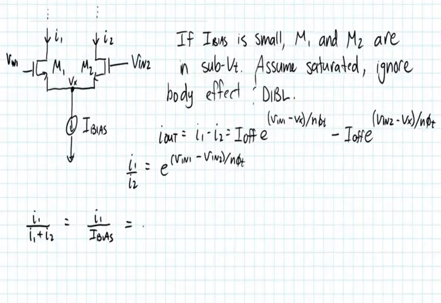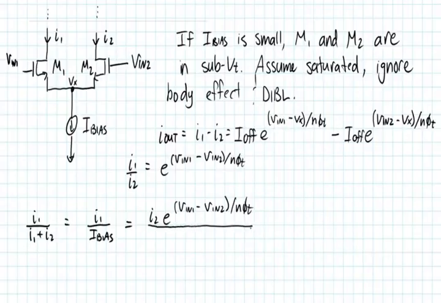Okay, so what we can do here is that we have the ratio of I1 to I2, so we can substitute in for I1. What that gives us is I2 times e to the Vin1 minus Vin2 all over n phi t, divided by I2 times e to the same exponent, plus I2.